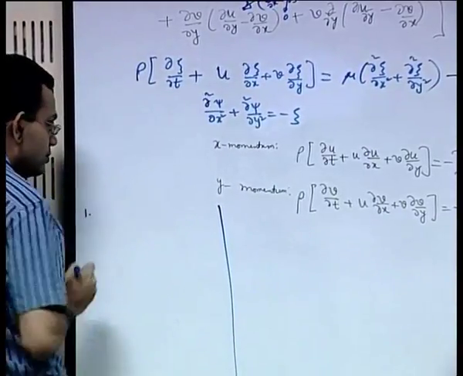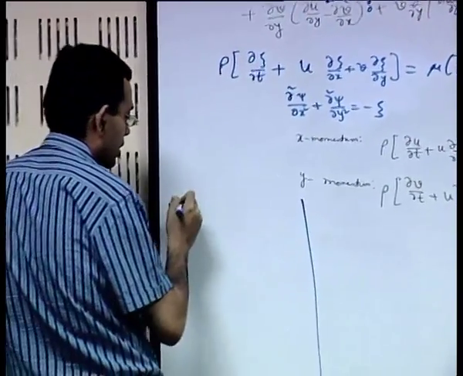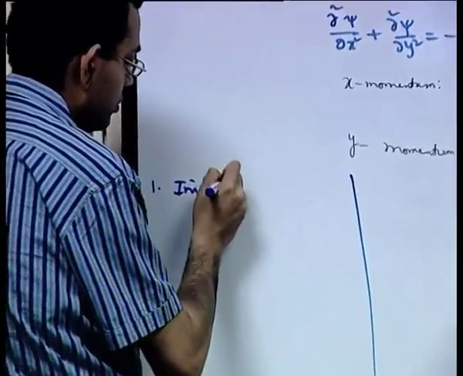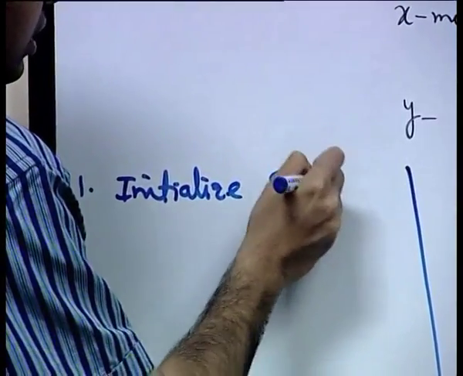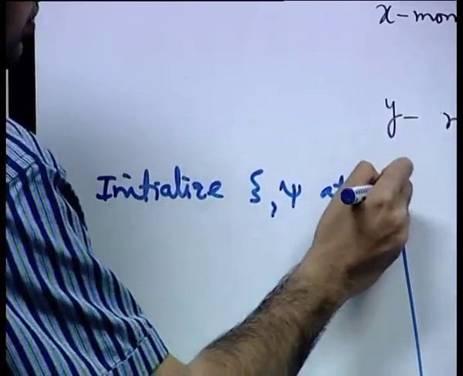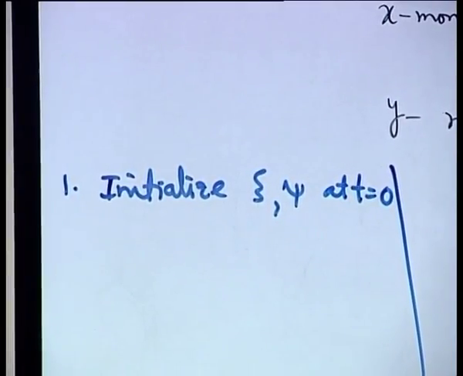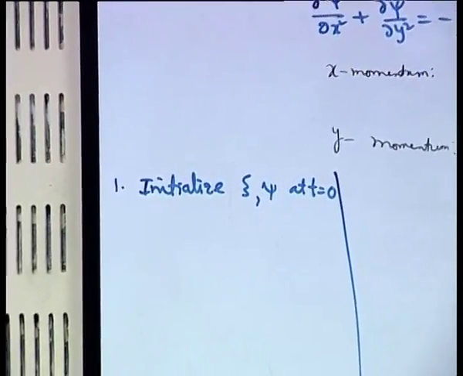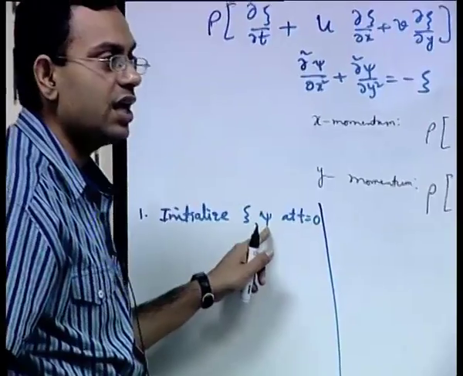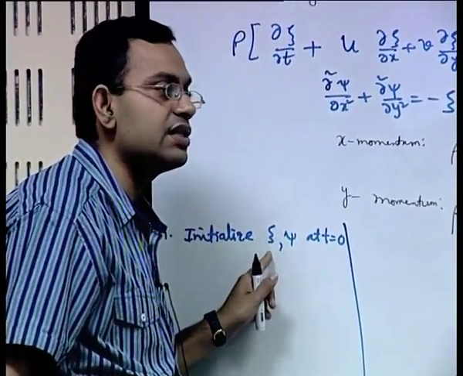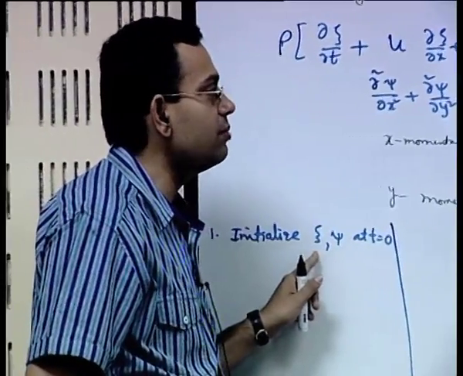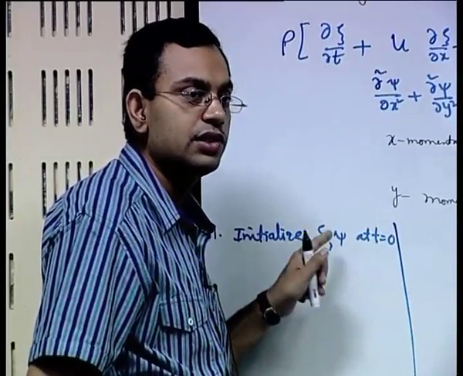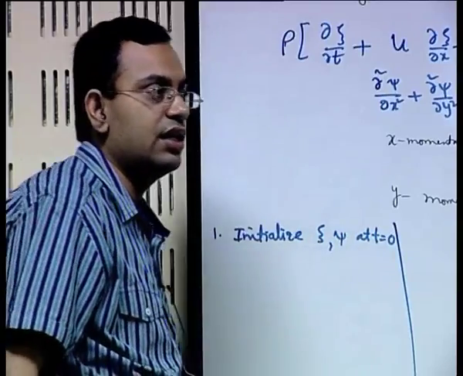Step 1: initialize ζ and ψ at t equal to 0. Then, once you know initial ψ and initial ζ, that is some initial guess, from there you can calculate what is initial u and what is initial v, because u is ∂ψ/∂y and v is minus ∂ψ/∂x.